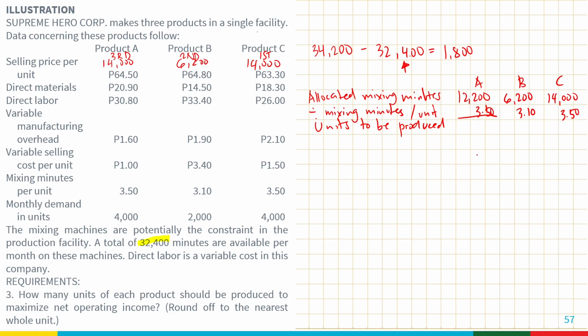I-round off natin. 3,486. 6,200 divided by 3.1. That's 2,000 units. And then 14,000 divided by 3.5.